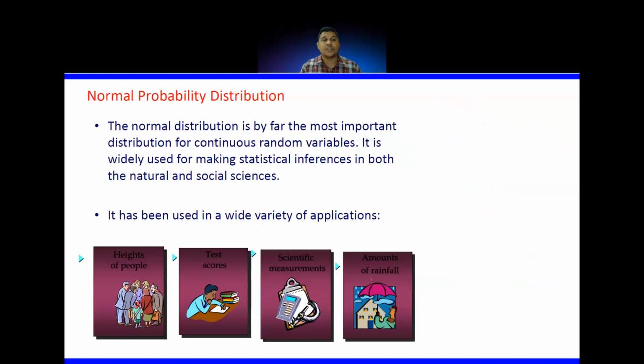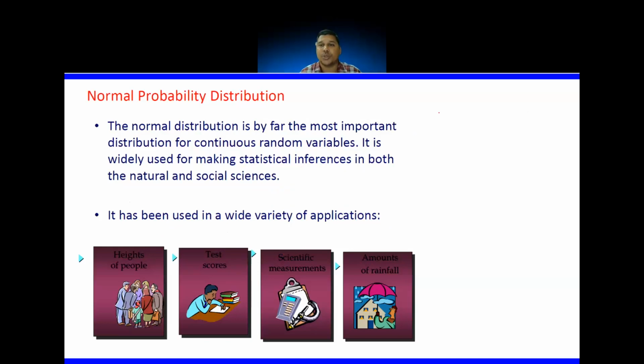What is this normal distribution here? The normal distribution is by far the most important distribution for continuous random variables. It is widely used in making statistical inferences in both natural and social sciences. Heights of people, test scores, scientific measures. If somebody is faculty, we do grading of students.